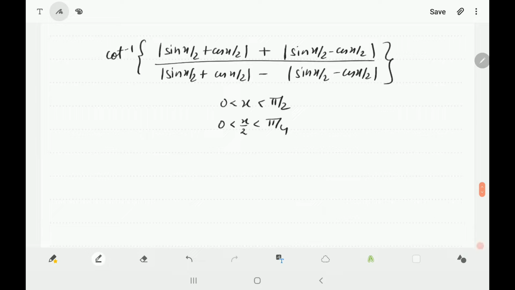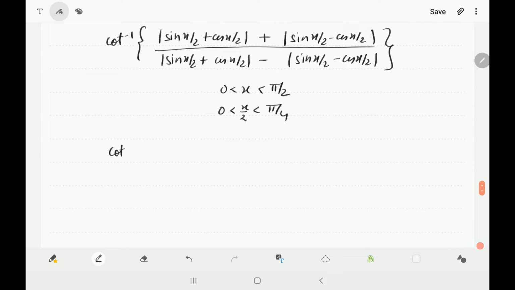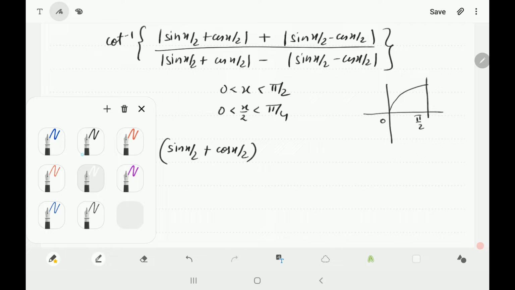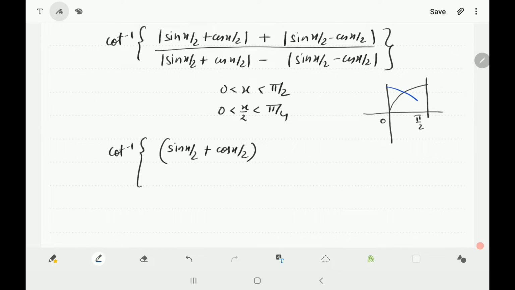Now we have to open up the modulus. Okay. Now sin x by 2 is a positive term in 0 to pi by 4. Cos x by 2 is also a positive term. So we will have cot inverse, the first term sin x by 2 plus cos x by 2, because it is positive inside, so it will open as it is. From 0 to pi by 4, if you know, we have the sine graph from 0 to pi by 2 like this, and we have the graph of cos like this. So at pi by 4 they intersect.